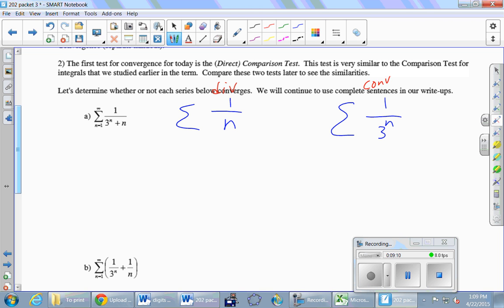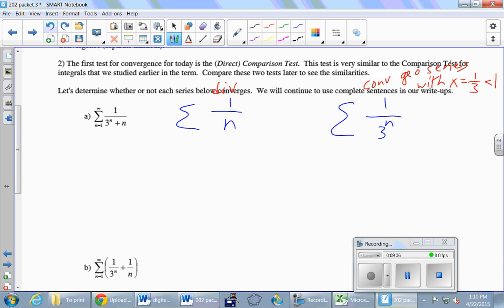So this is a convergent geometric series with, I think we're calling it x now, x equal to 1/3. Okay, so we've got our 2 comparison series.